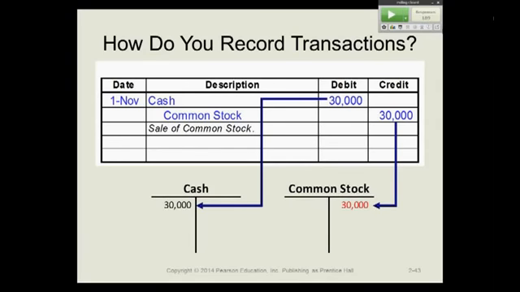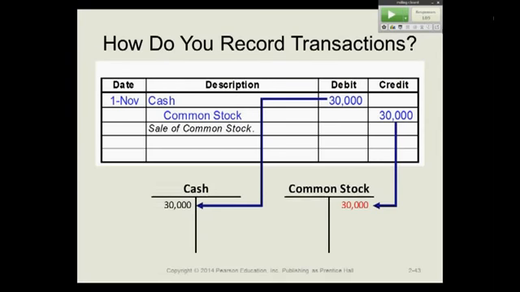So let's say common stock. And then you'd have retained earnings. Now, of course, you'll have revenues and expenses as well.